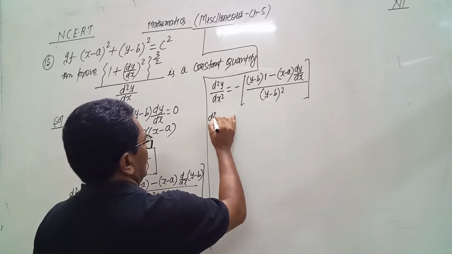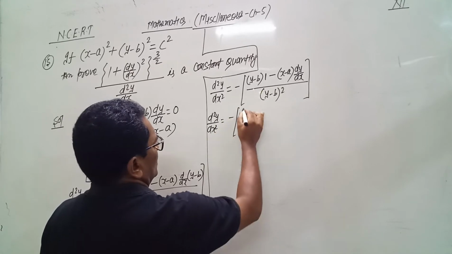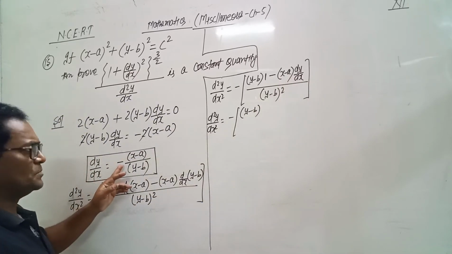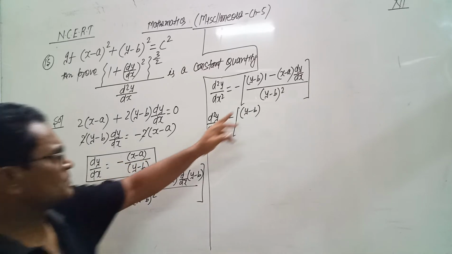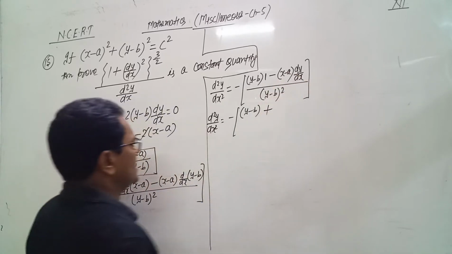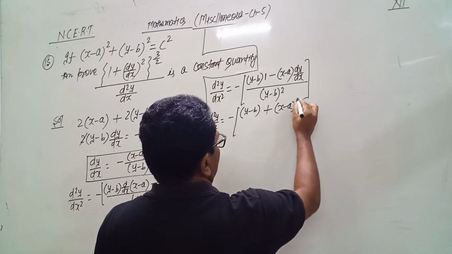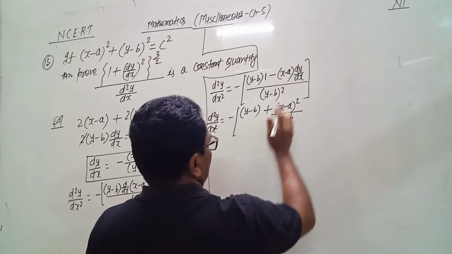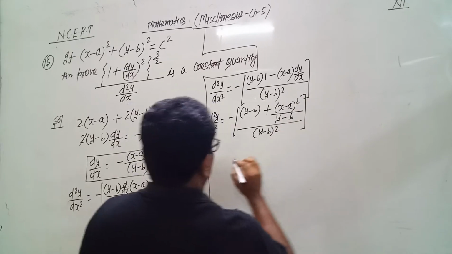So d2y by dx square equals minus [(y minus b), and the value of dy by dx is minus of (x minus a) upon (y minus b)]. Already there is minus, so minus minus becomes plus. (x minus a) into (x minus a) gives (x minus a) the whole square, upon (y minus b), upon (y minus b) the whole square.